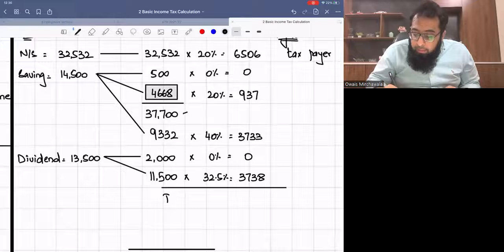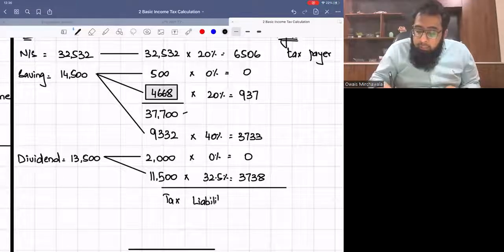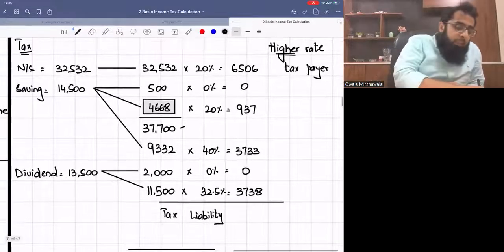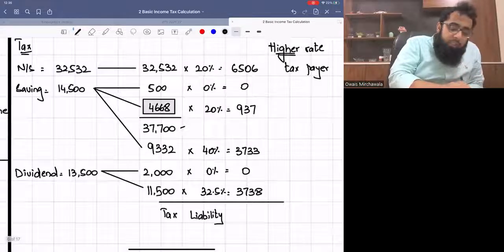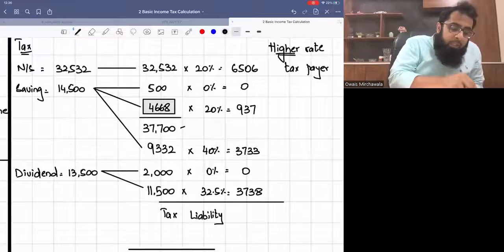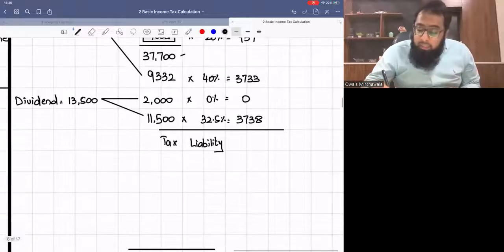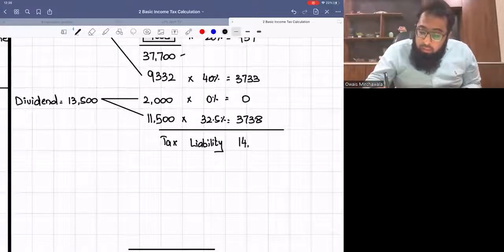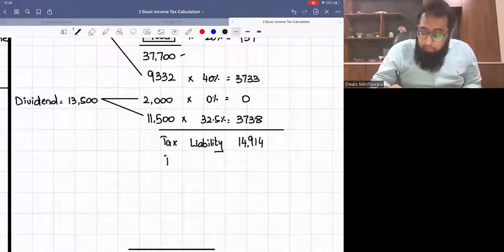This will give me a tax liability: 6506, 937, 3733 and 3738. So my tax liability is 14,914.